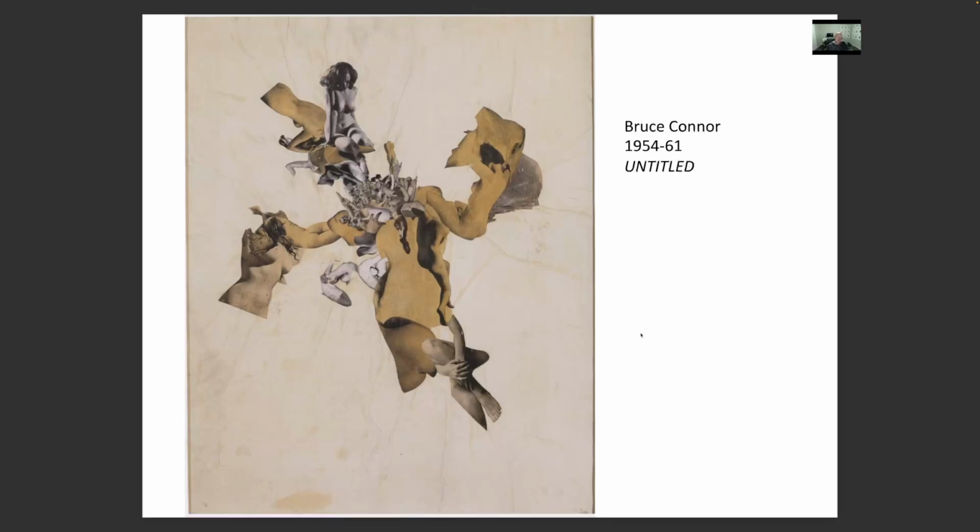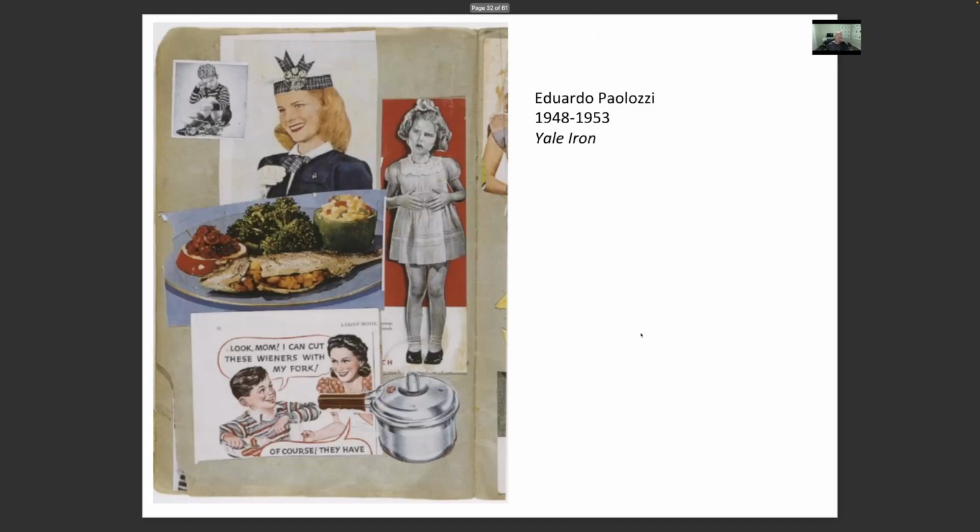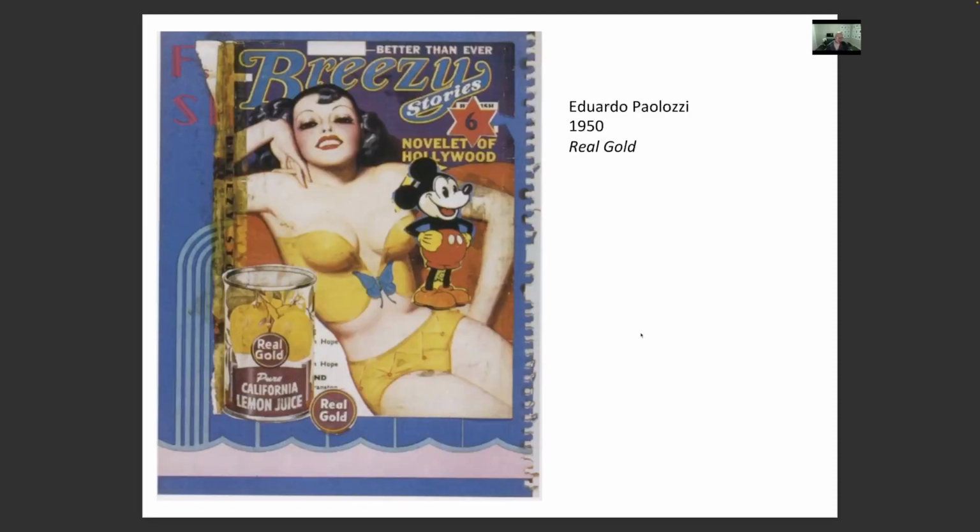You sort of get this image made out of a lot of bodies. Eduardo Paolozzi made these little booklets of all of these images, kind of a precursor for what we might think of as scrapbooking in a way, but really just a collection of images and curating images.